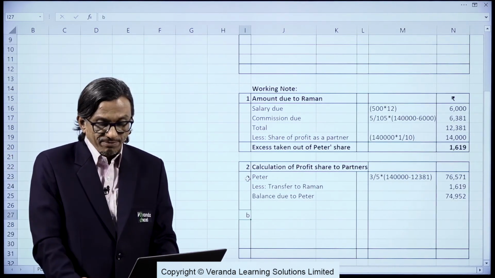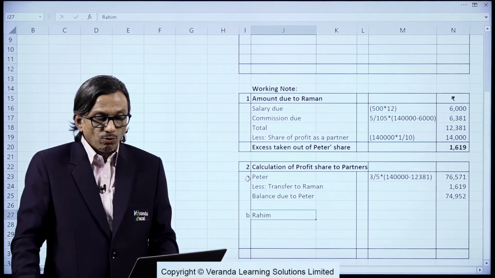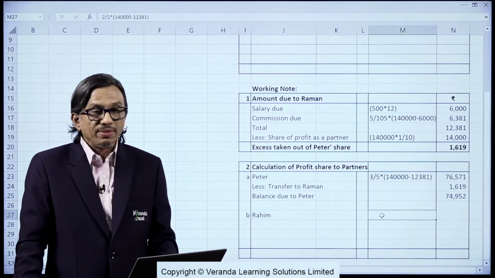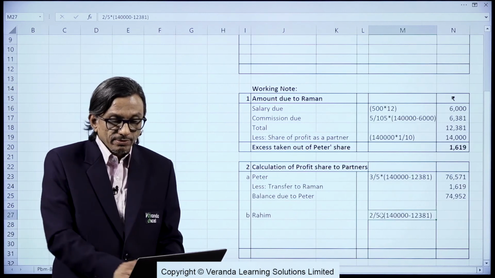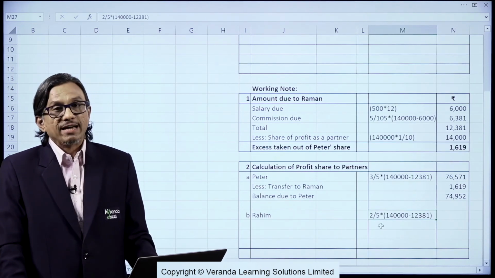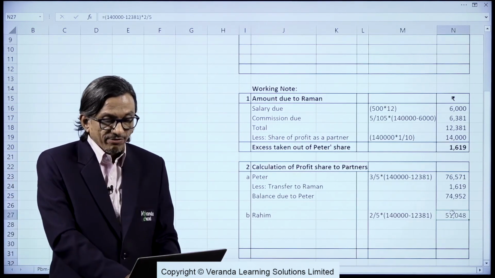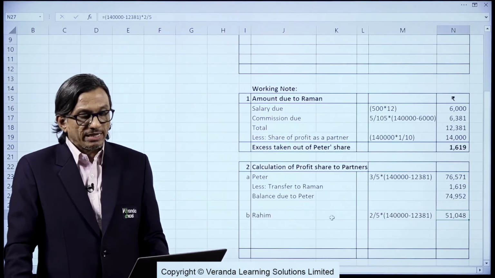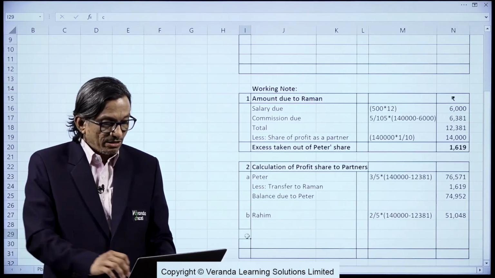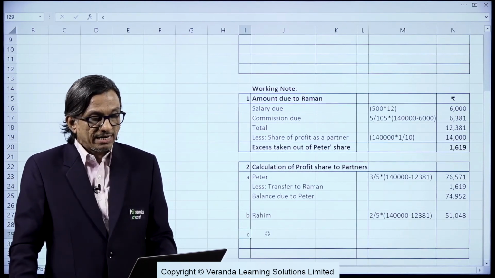What about Rahim? In case of Rahim, absolutely there is no problem. Whatever the profit, on that he will get 2/5. So 2/5 of 1,40,000 minus 12,381. So Rahim's share will be 51,048. Then what will be Raman's share? Raman's share is very simple.